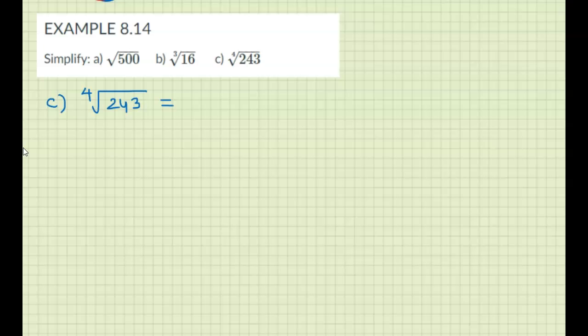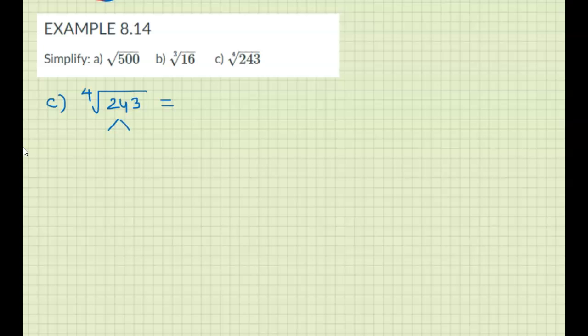Now I kind of know how to break it up because I've looked at numbers forever, but this is a little bit hard for me to see too, especially with the higher index roots. It's hard to recognize, oh, this is a perfect 4th root. I can remember perfect squares and perfect cubes quite well, but perfect 4th roots are a little bit harder to remember. So I'm going to do the factor tree on this straight away.